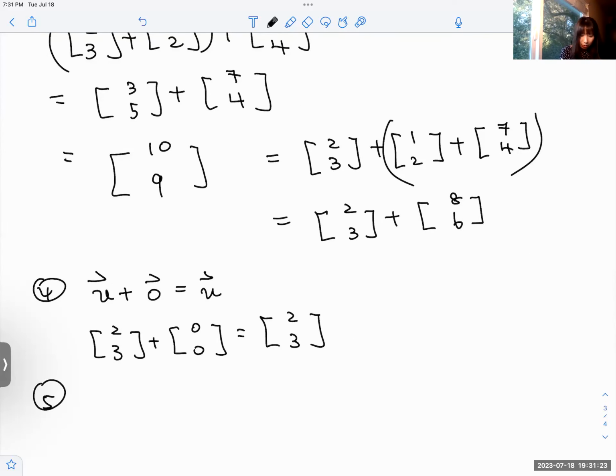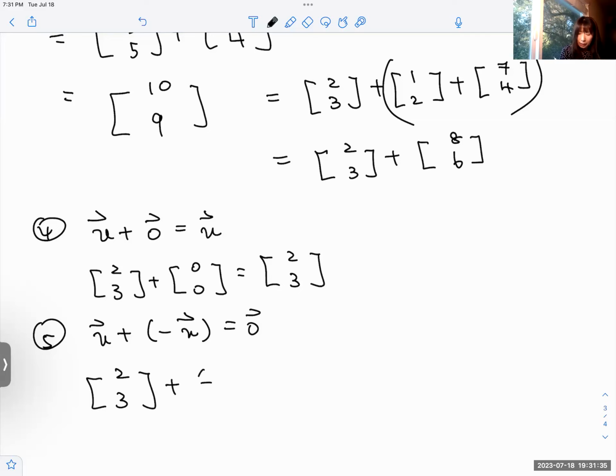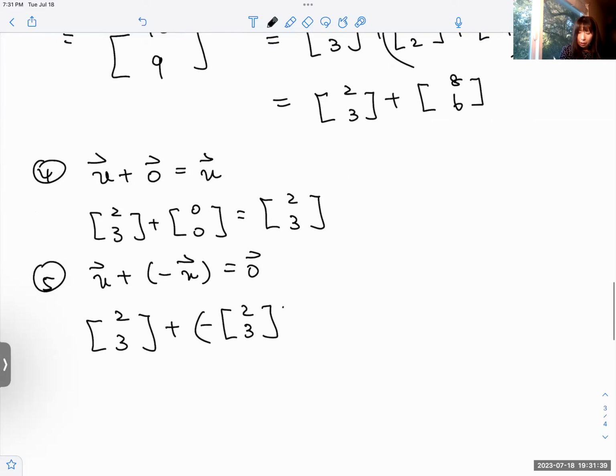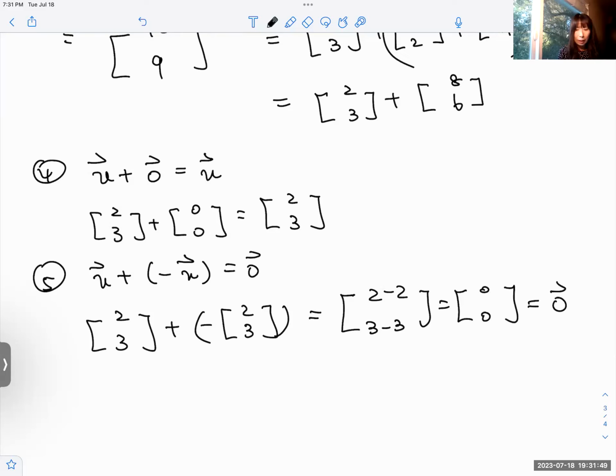We have u plus negative u, which is 0. So that is 2 minus 2, 3 minus 3, which is 0, 0, which is the zero vector.